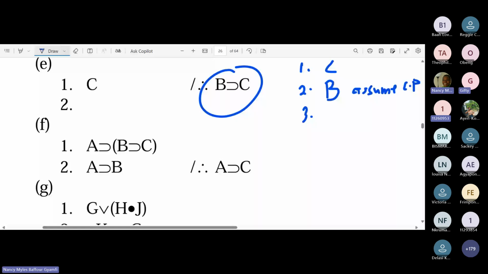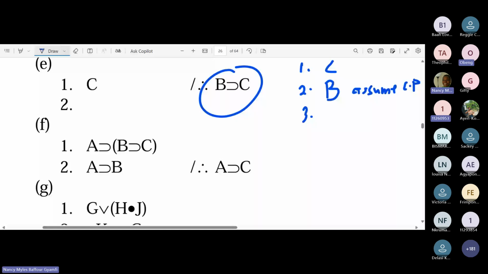Please try quickly. What do we do next? We have assumed our antecedent, trying to prove the consequent. What should we do next? I'll use addition on one.